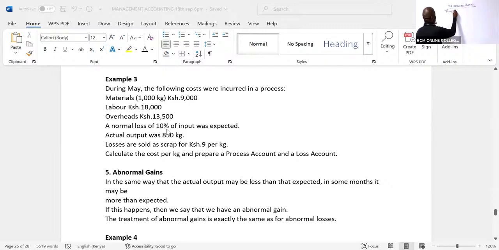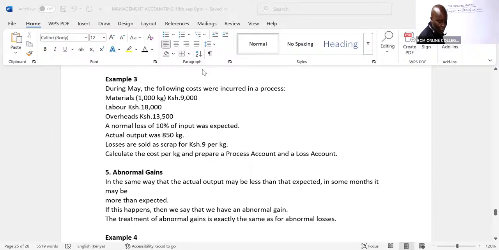A throughput account, which is an account which gives us the movement of units. Very, very important: a movement of units account.